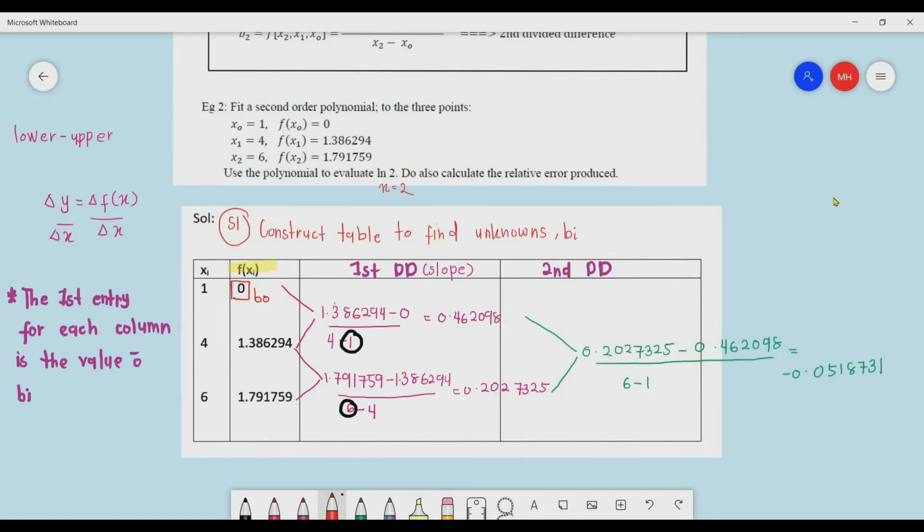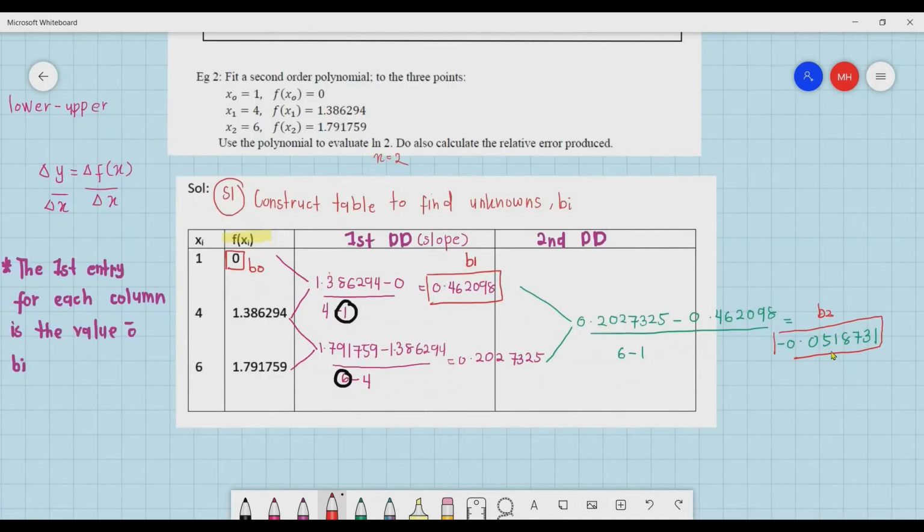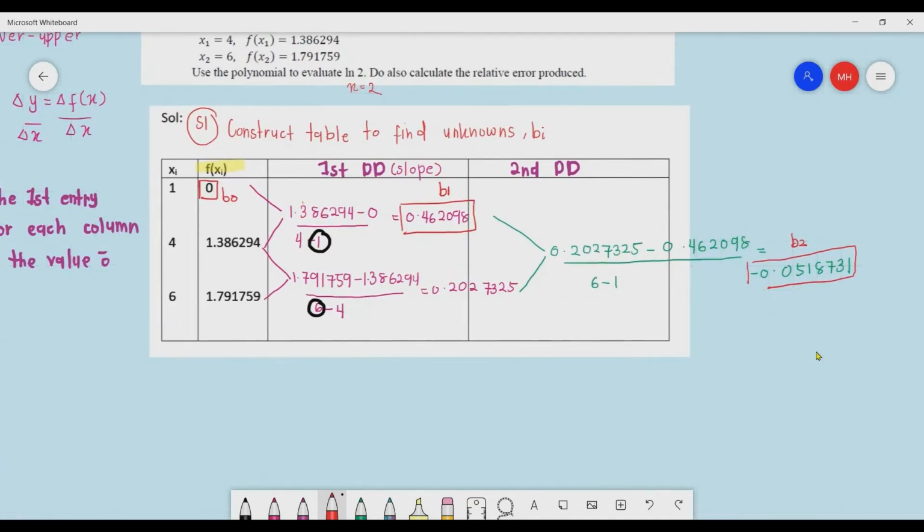The first entry for each column, this one is your b1. What about b2? The first entry for the second divided difference, this one, b2.